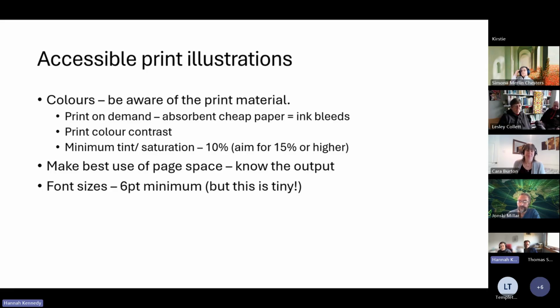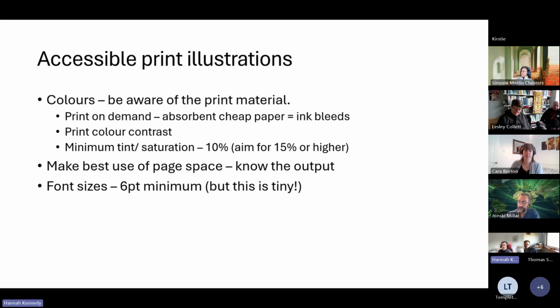Again, making best use of the page space and knowing the output is really important for that. So if you know that you're working for a monograph page size, understanding how that page size works and how the text is going to flow through it will really help you to site the illustration at a size and scale that's appropriate and usable for your audience.